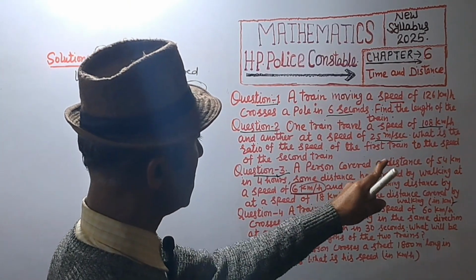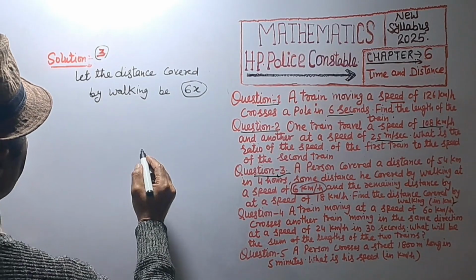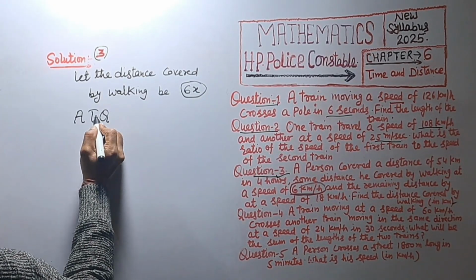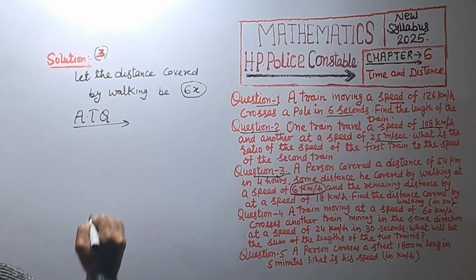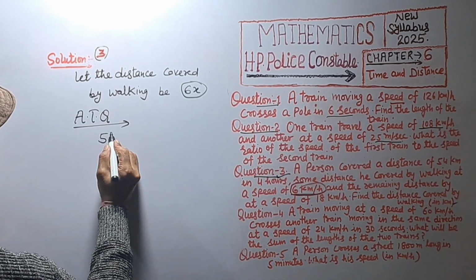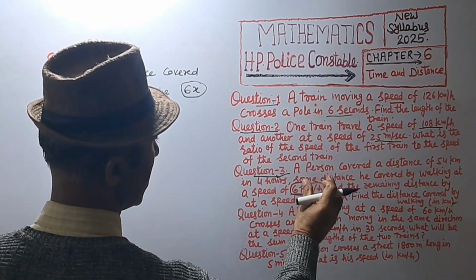A person covered a distance of 54 km, and according to the question, 54 km in 4 hours.